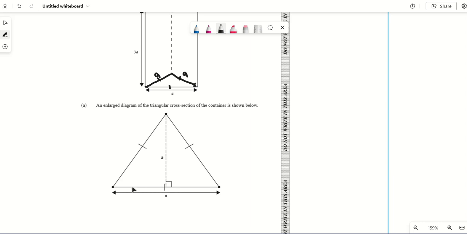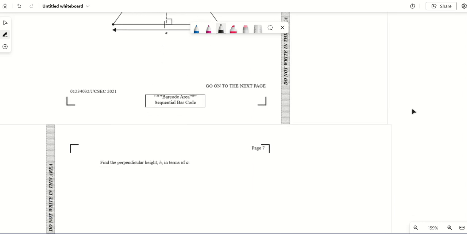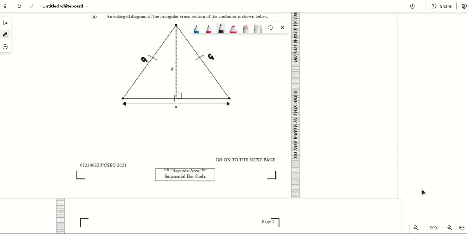We know this is A. This is our equilateral, so this is also A. This is also A. We are seeing that at 90 degrees, right? Just take note of that. Find the perpendicular height in terms of A.